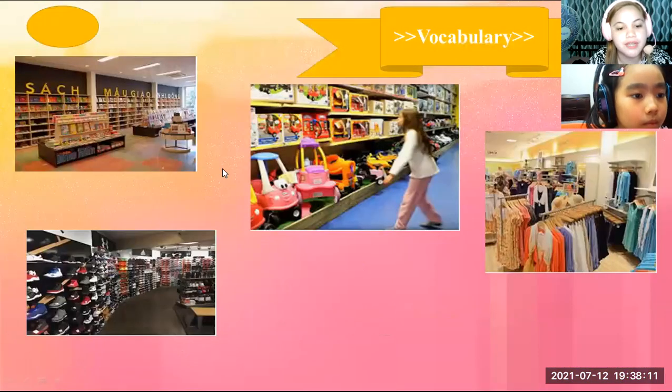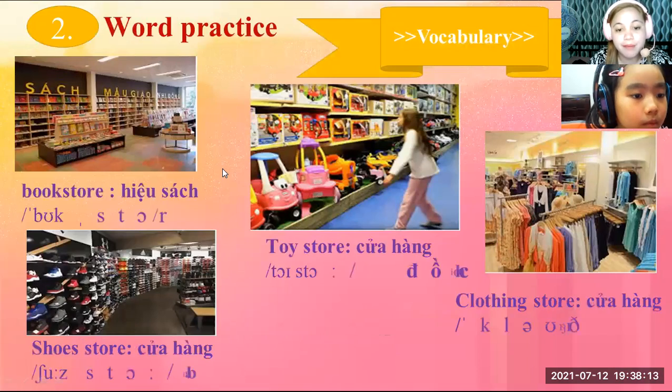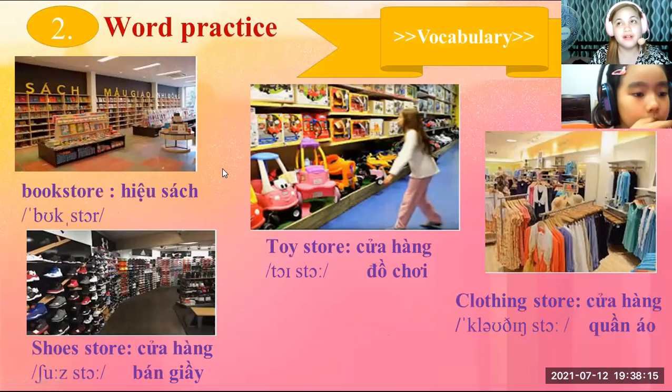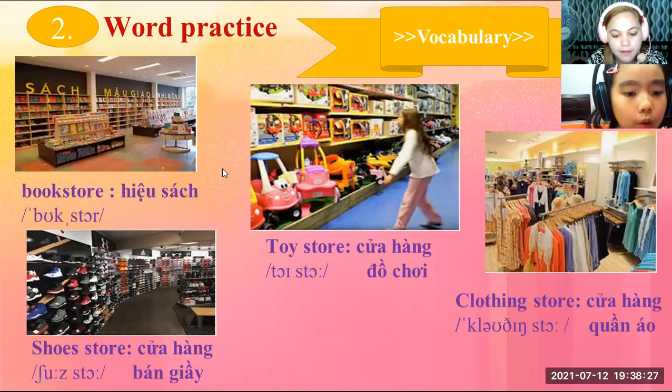So look at the pictures here. These are some examples of the kinds of shops. Okay, what are the kinds of shops here? Can you say it, please? Bookstore, toy store, clothing store, shoe store.